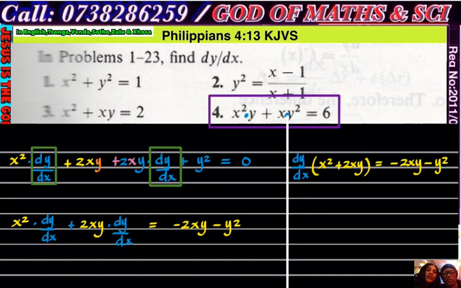And then whatever is in the green box must go and divide the other side, isn't it right?